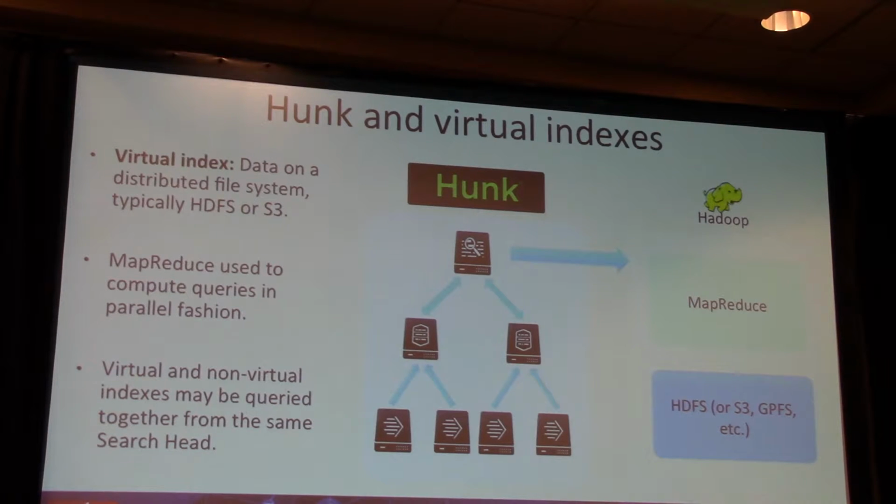You just point the search at a certain directory within some form of Hadoop-compatible file system, HDFS, S3, etc. And now you can treat that as an index. We're going to farm our queries out as MapReduce jobs, in particular as mappers, and you're going to get back results. They're high performance in some ways. You can get incredibly high throughput rates, but because of how Hadoop works, you're going to have higher latency than you would with a regular Splunk non-virtual index.